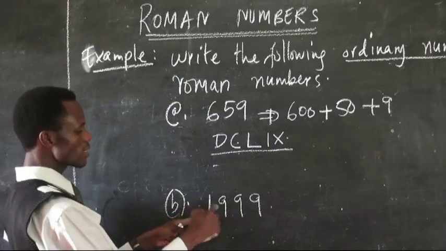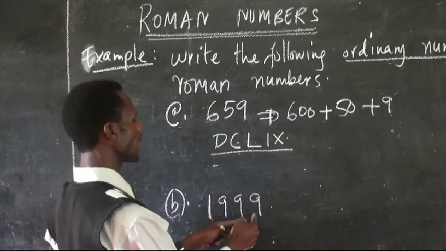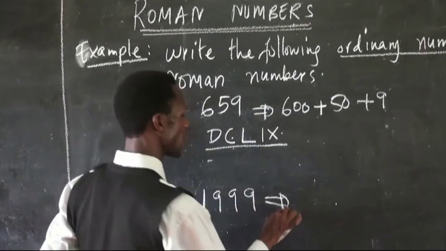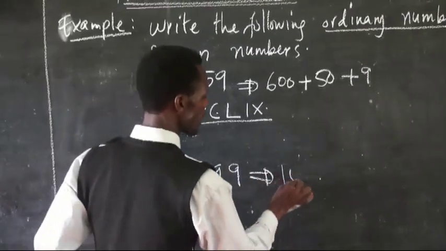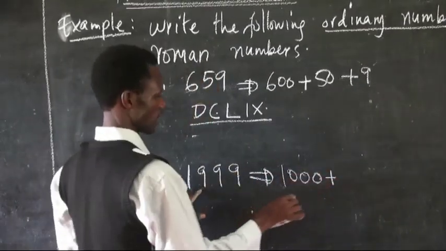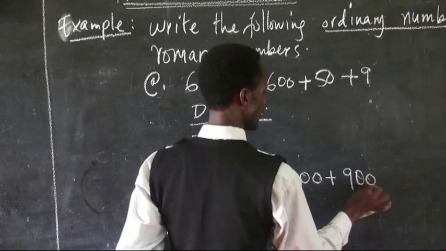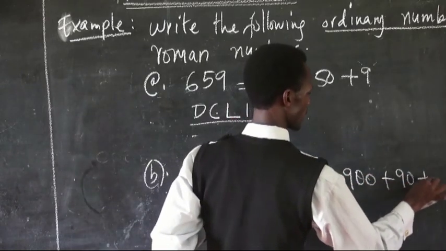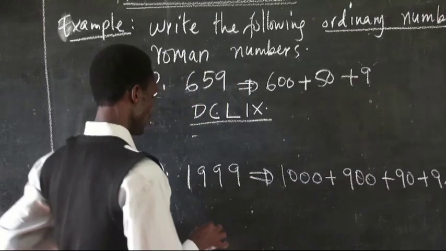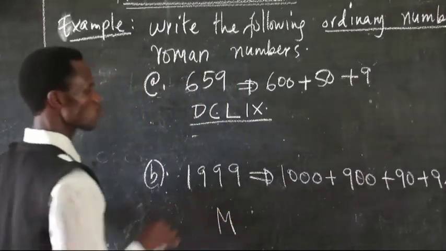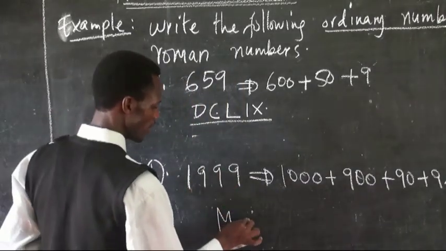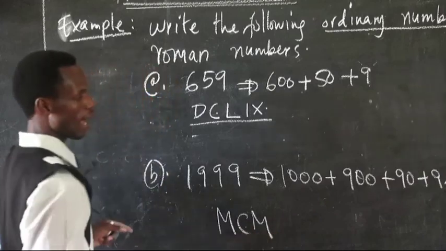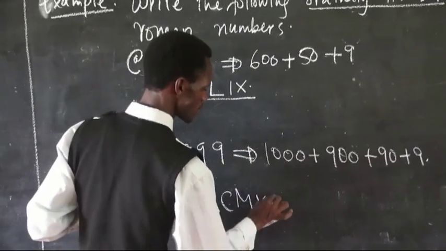But also, this is the key. Now, it is 1999. When you expand this as the way you read it, it is 1000 plus 900, plus 90 plus 9. Now this is M, that is 1000. 900 is CM. 90 is XC.